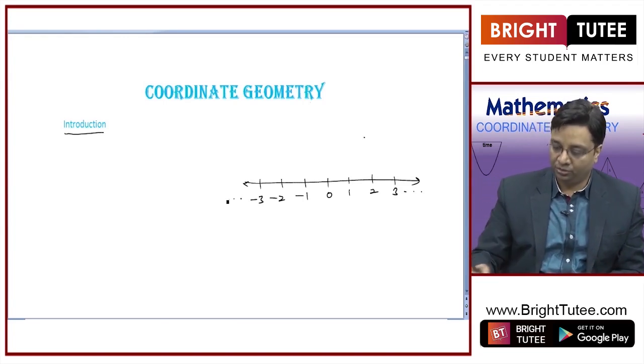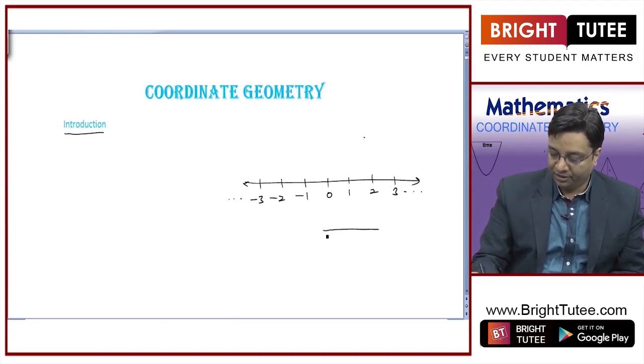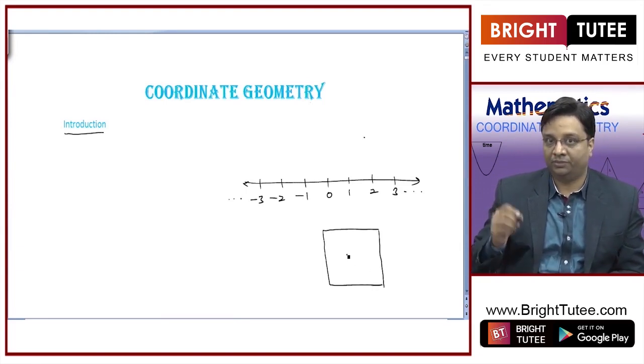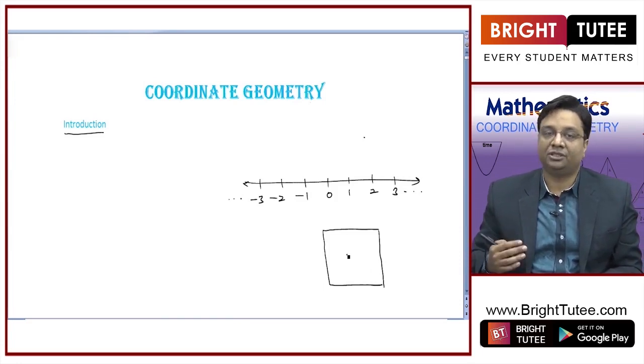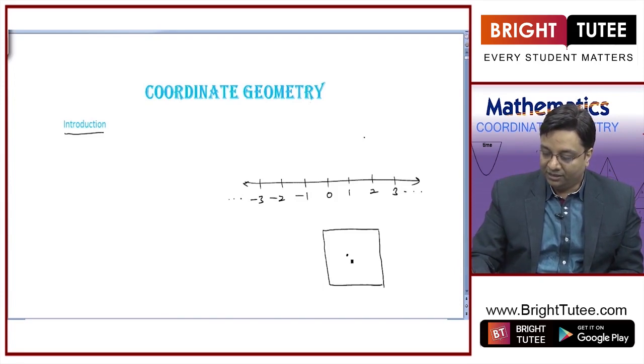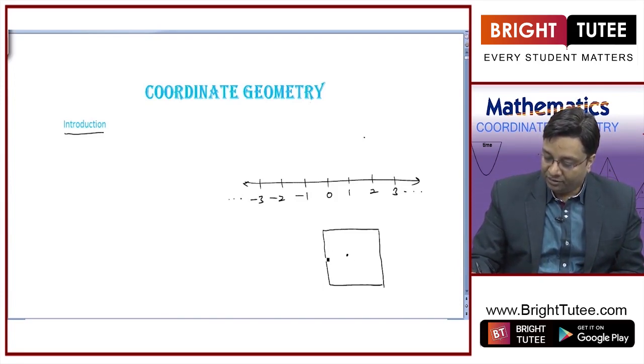Now if I ask you that this is a piece of paper, and let us say this is a dot on the paper, and I ask you the location of this dot, how will you describe its location? Some of you might say that it is near the left side of this paper.